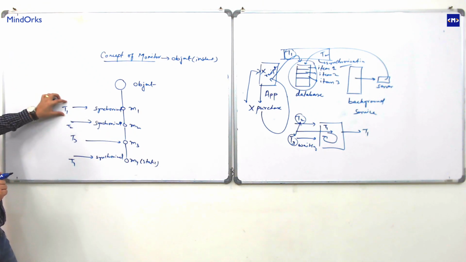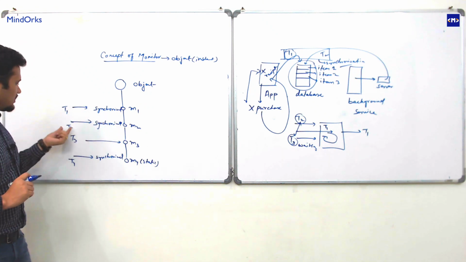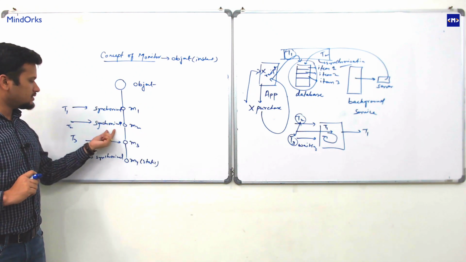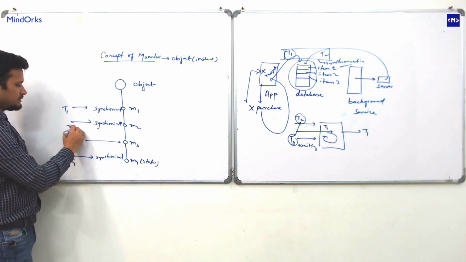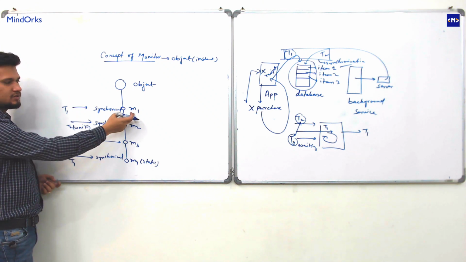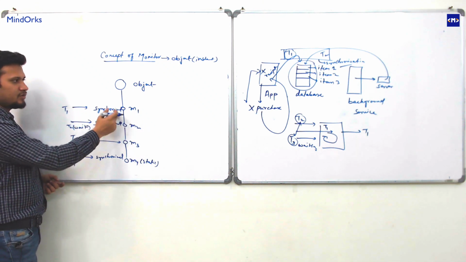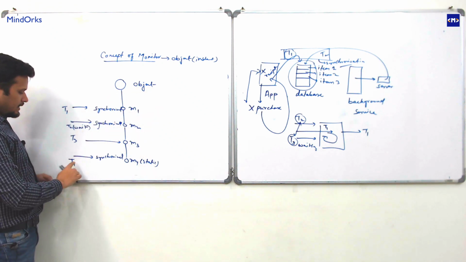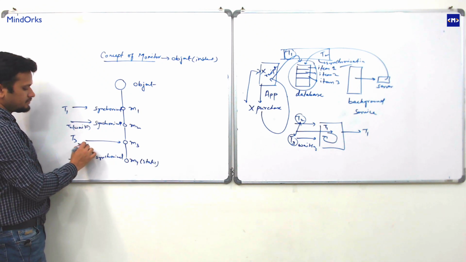So when T1 is calling method 1 of this object, which is synchronized, and T2 also calls synchronized method 2, T2 will wait till T1 comes out of this synchronized method, out of this monitor. Both of them get the same monitor because it is on the same object. T3 will not wait.